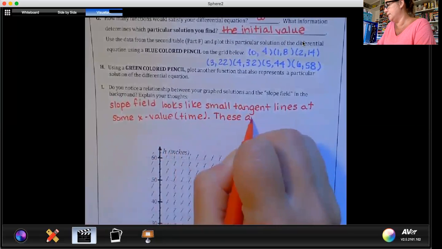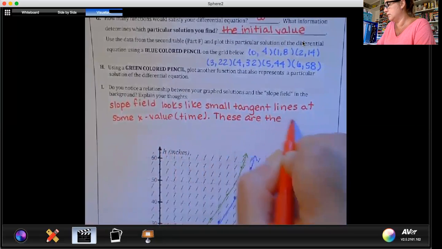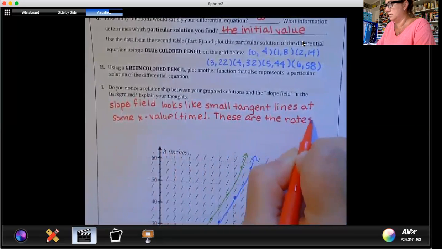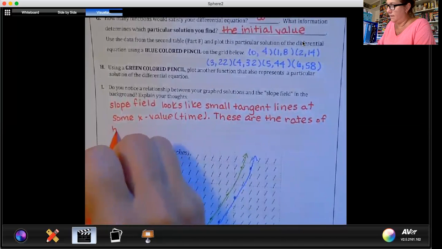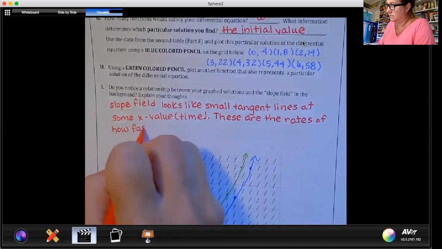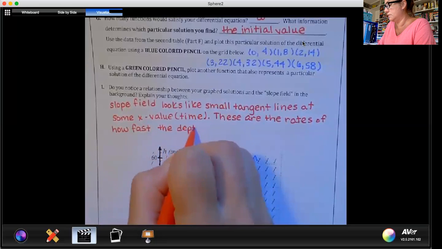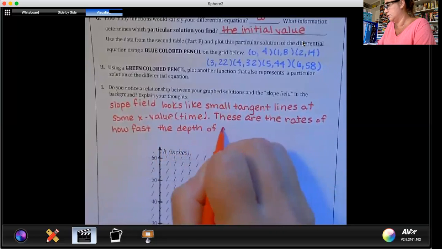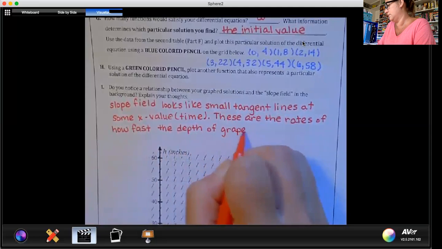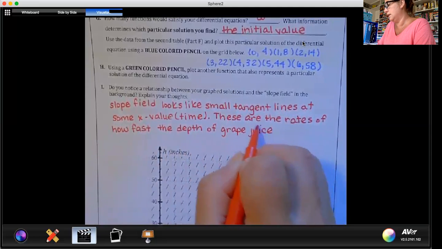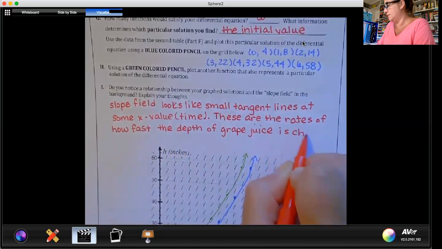These are the rates of how fast the depth of grape juice is changing at a specific time.